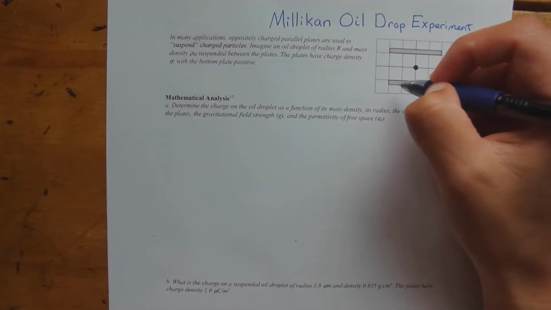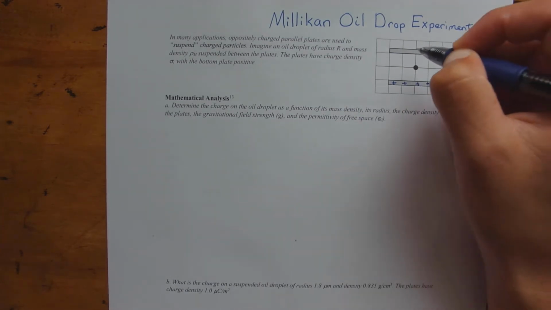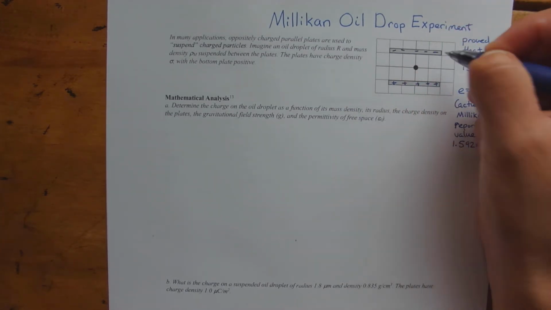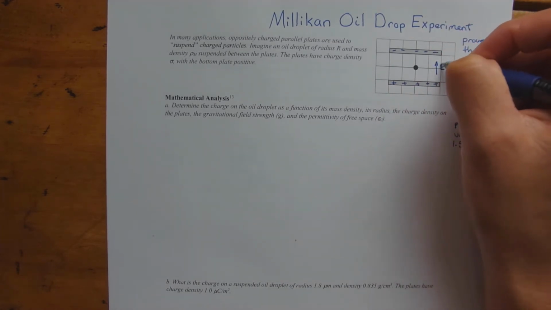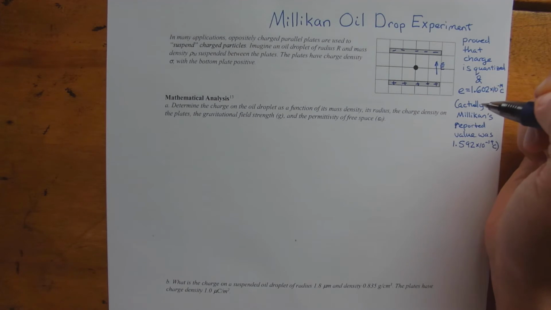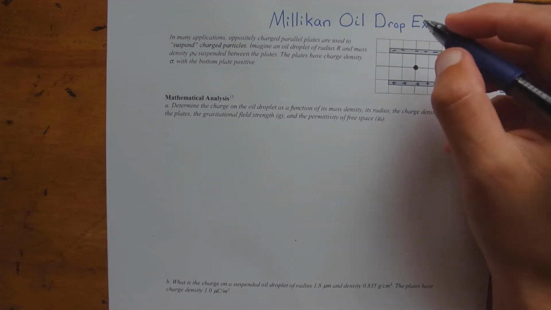The bottom plate is positive. If the bottom plate is positive and the top plate is negative, the electric field points this way, and the electric field will point in the same direction as the electric force if this particle is positively charged.